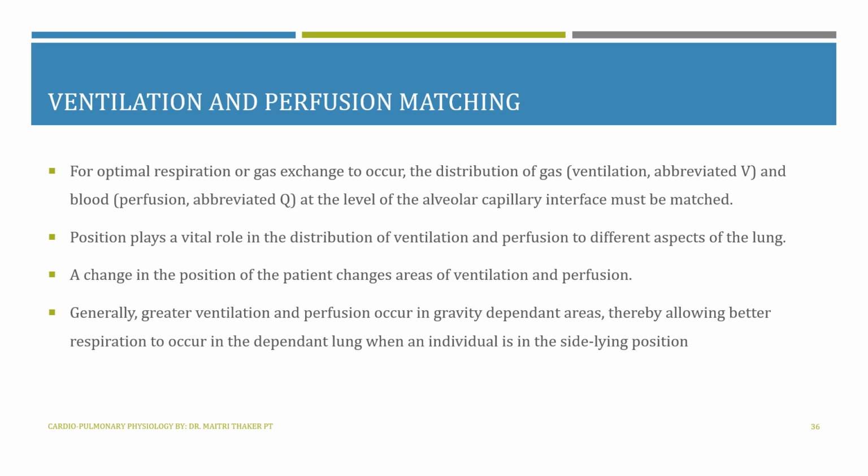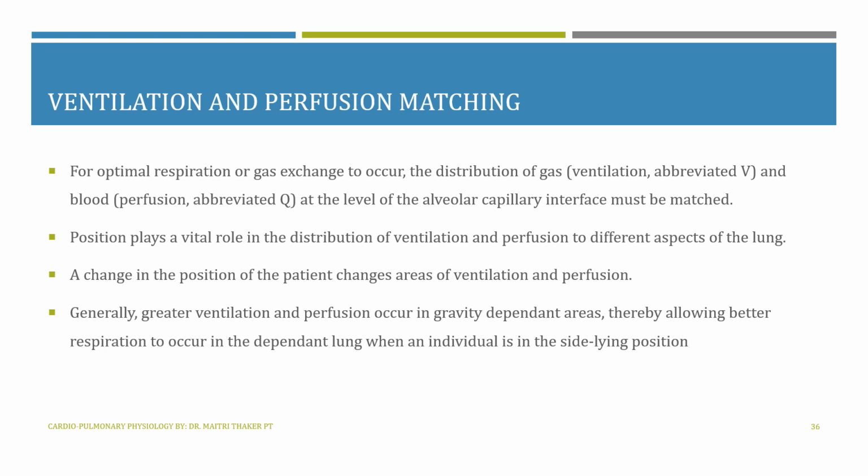Now, ventilation and perfusion matching. So for optimal respiration or optimal gas exchange, the distribution of gas and blood at the level of the alveolar capillary interface must be matched. Okay, so the lungs must receive enough air as well as enough blood for optimal gas exchange.